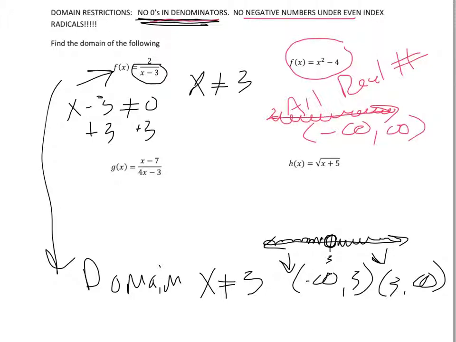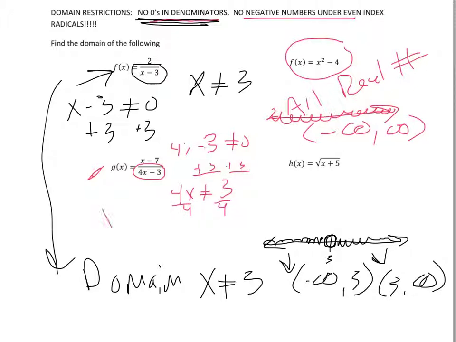Now, this next one here, this g, we can't have a 0 in the denominator. So 4x minus 3 cannot be equal to 0 because we can't have a 0 in the denominator. We can't divide by 0. It's undefined. So solve this like a normal equation. Plus 3. 4x is not equal to 3. Divide by 4.